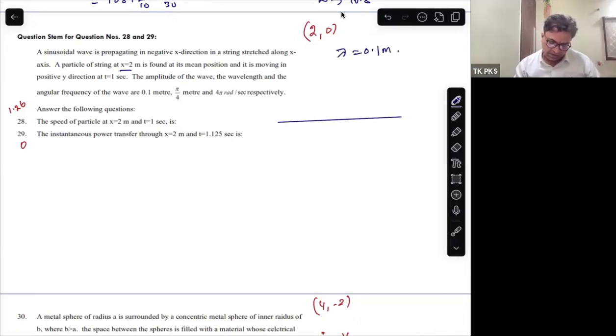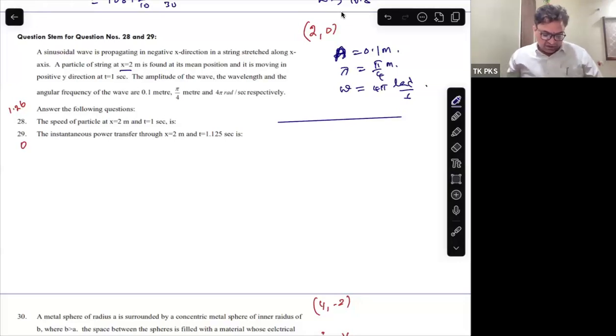The amplitude of the wave is 0.1 meter, the wavelength is pi by 4 meter, and the angular frequency omega is 4 pi radian per second.